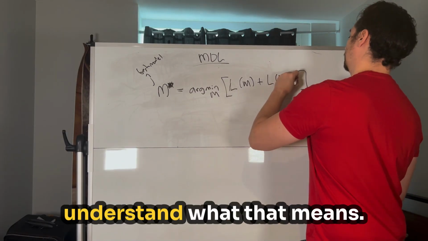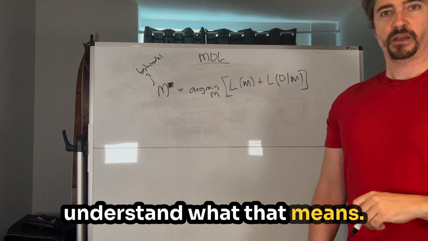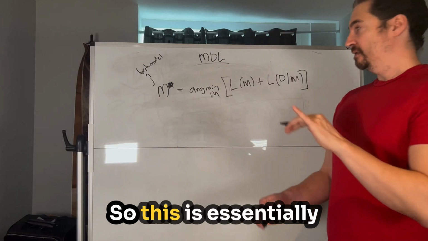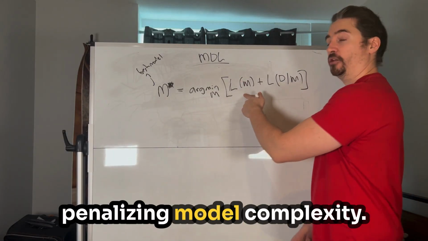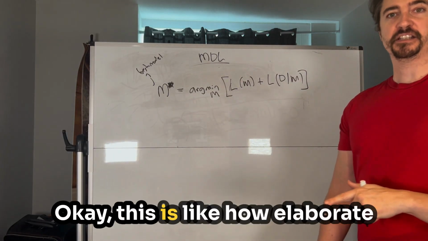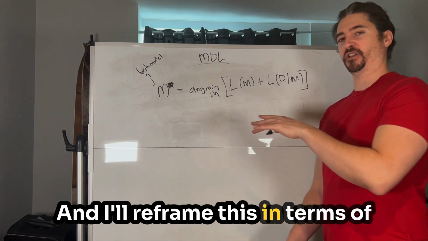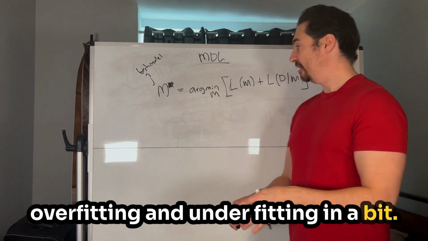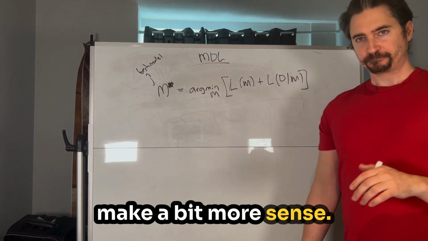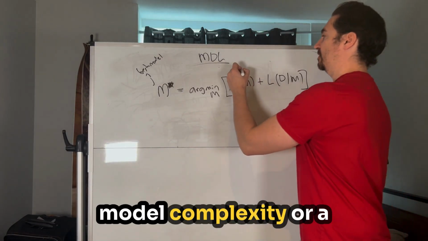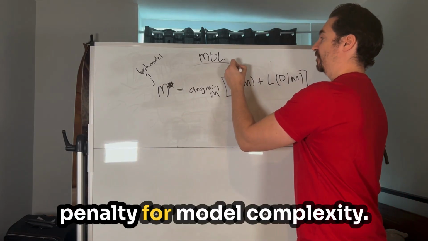Now we have to make sure we understand what that means. This is essentially penalizing model complexity. This is like how elaborate your moral explanation is. I'll reframe this in terms of overfitting and underfitting in a bit, because that might make more sense. But think of it as model complexity, or a penalty for model complexity.